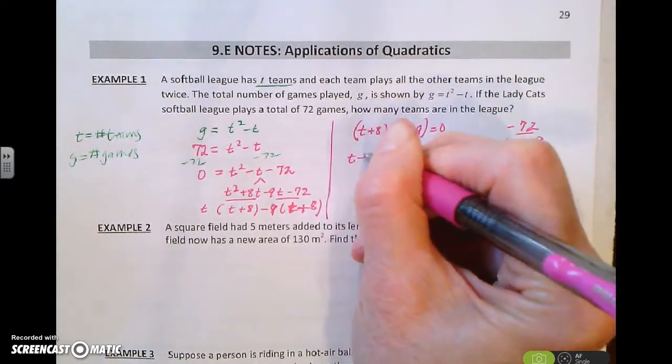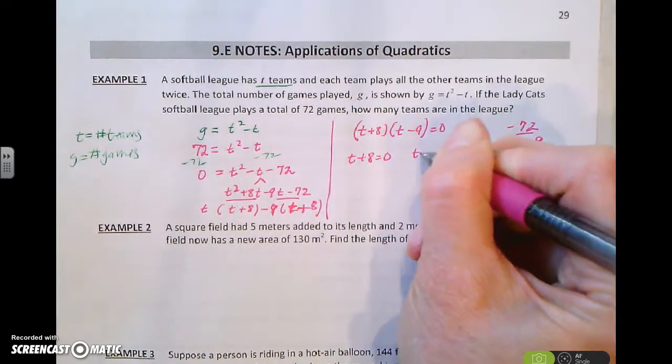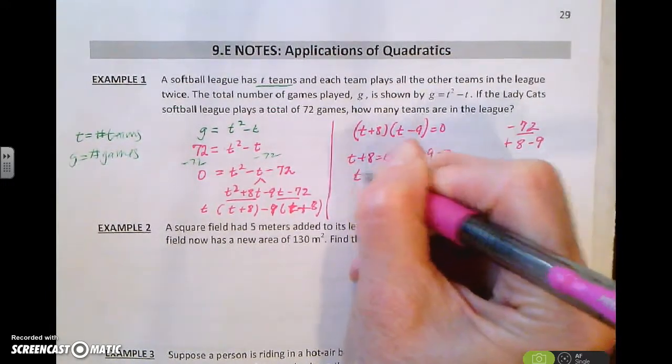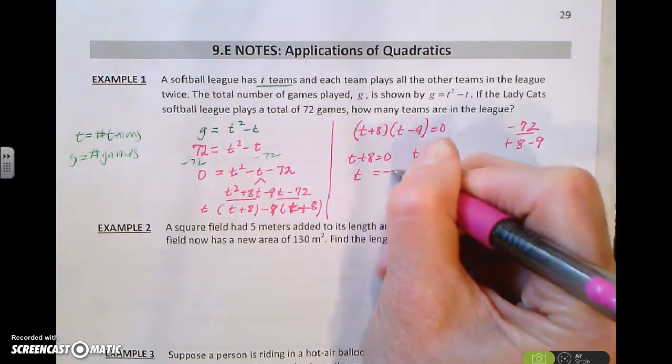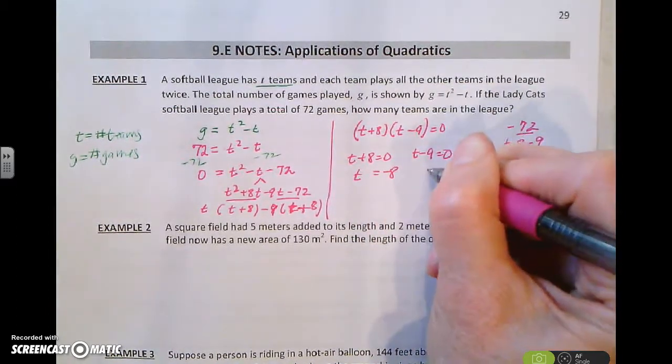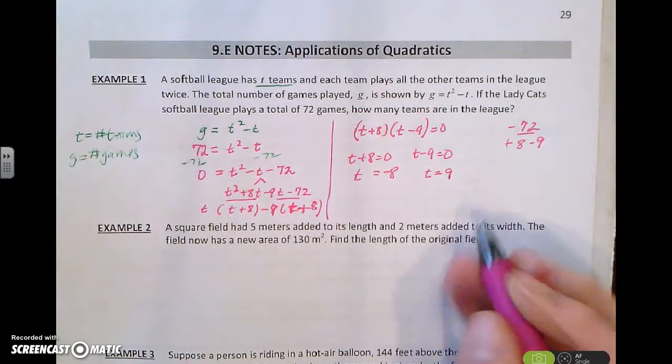So to solve it, T plus 8 is 0, T minus 9 is 0. So subtract 8 from both sides and get T as negative 8. Add 9 to both sides and we get T is equal to 9.